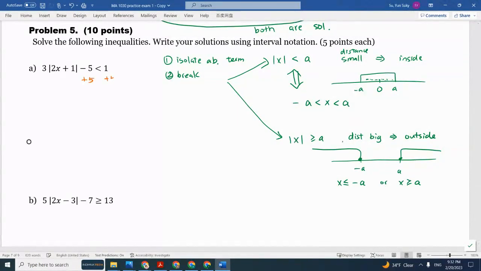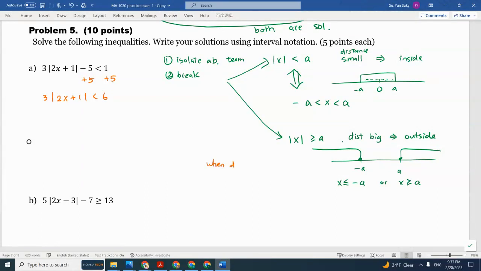We add 5 on both sides: 3 times the absolute value of 2x plus 1 is less than 1 plus 5, which is 6. And then both sides have the 3, so we divide both sides by 3. When you divide by a positive number, you won't change the inequality.